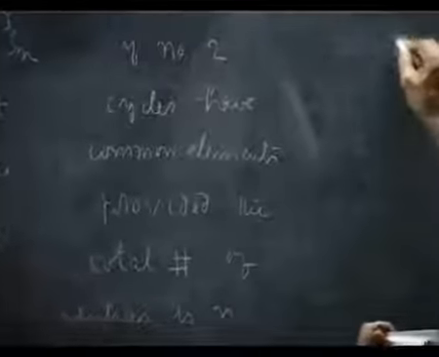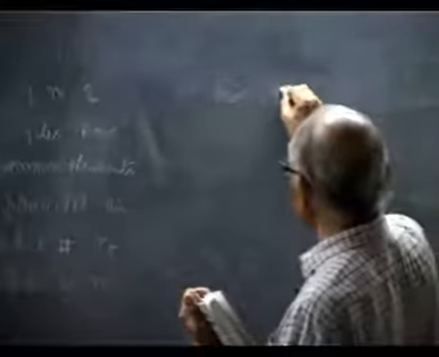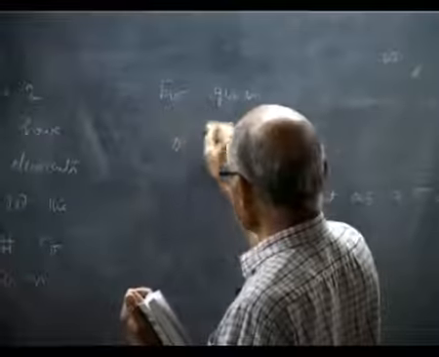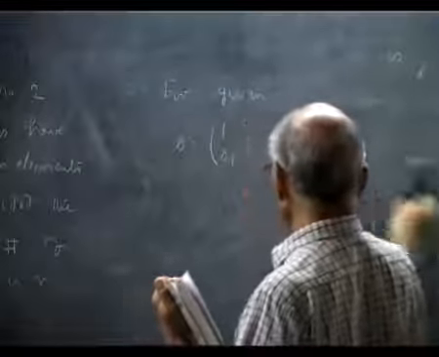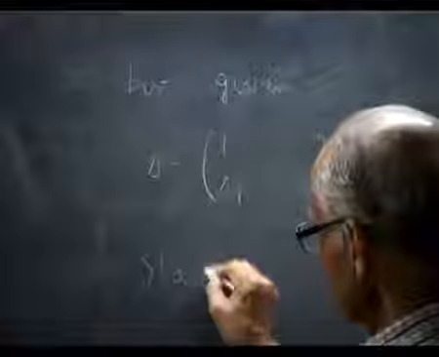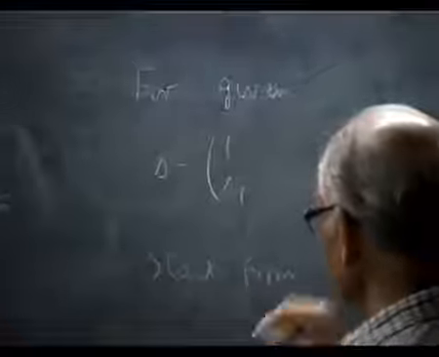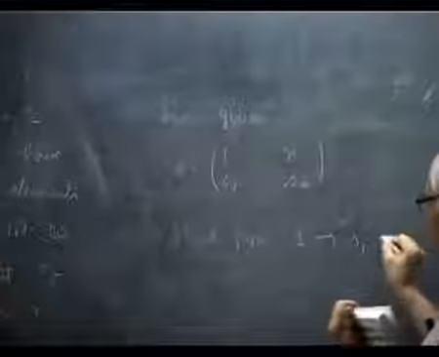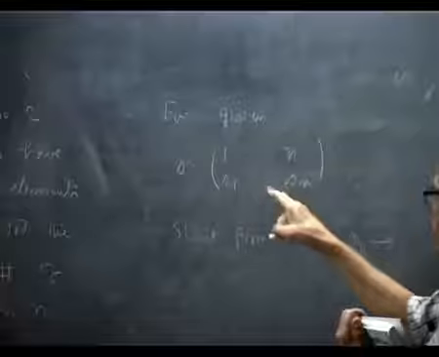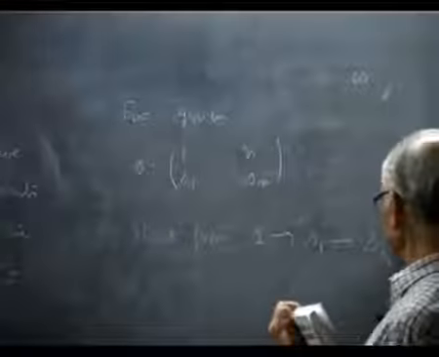How do I prove it? Let me prove it now. Given s equal to 1 s1, n sn, what do you do? Start from 1, it goes to s1, then s1 goes into whatever it is, s s1, and then finally it will come back here.